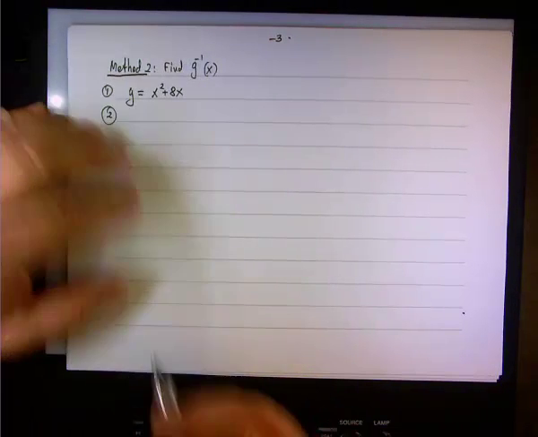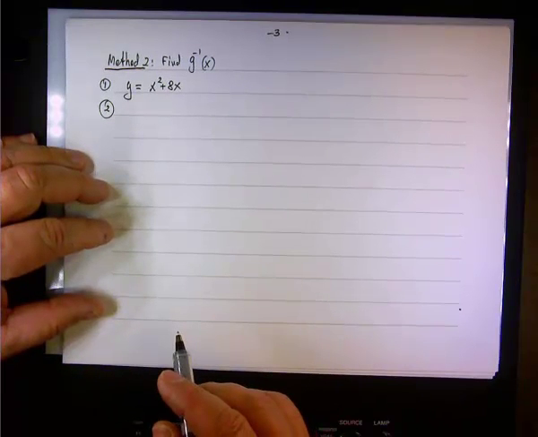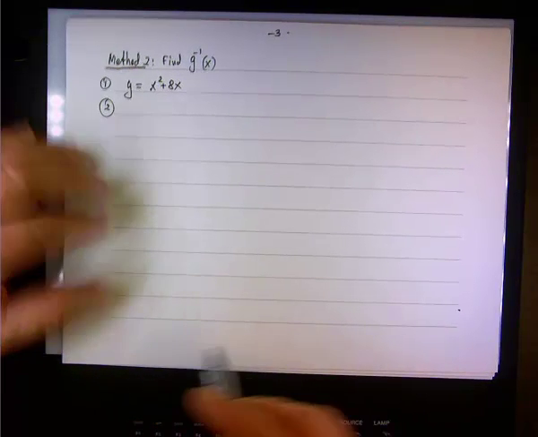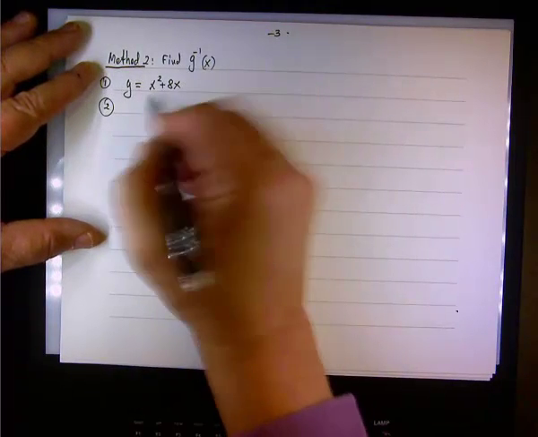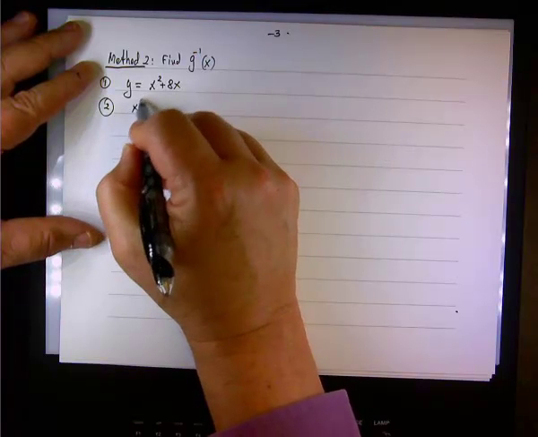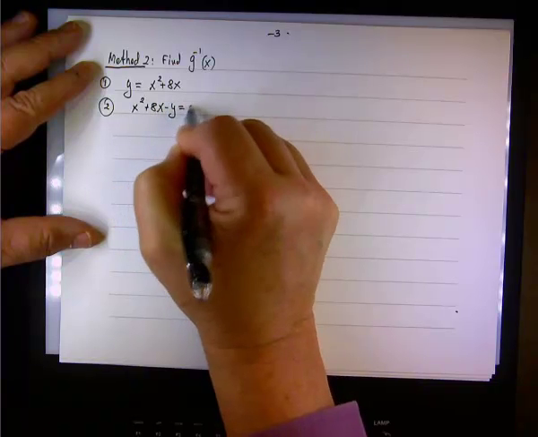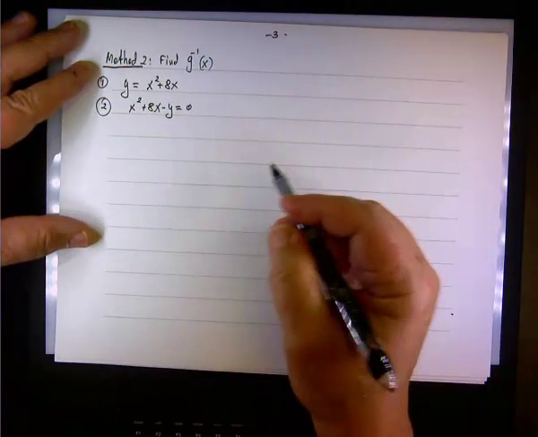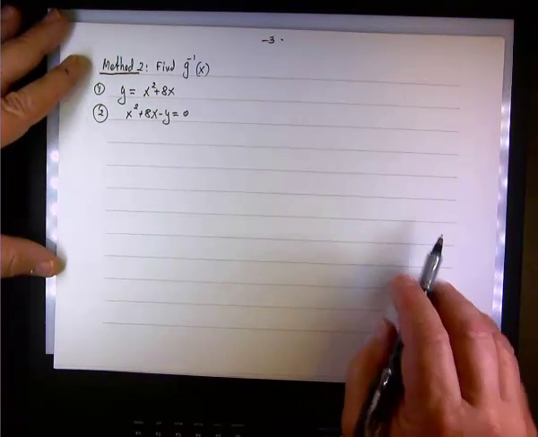Now that's a problem, isn't it? When you solve for x, you write x squared plus 8x minus y equals 0 and apply the quadratic formula, unless you know other techniques, and we'll talk today about completing the square.